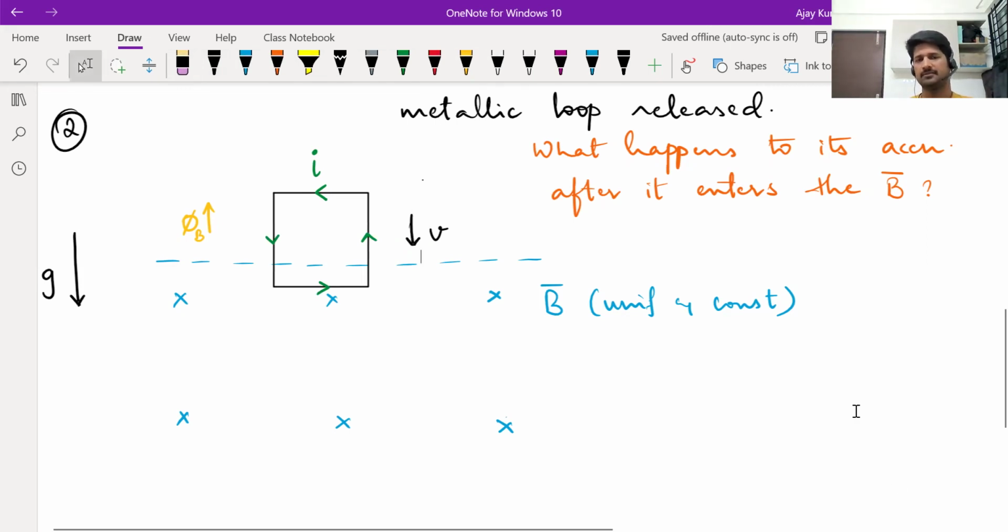After that, what happens? Why do you think there will be any force on the loop? If yes, why?